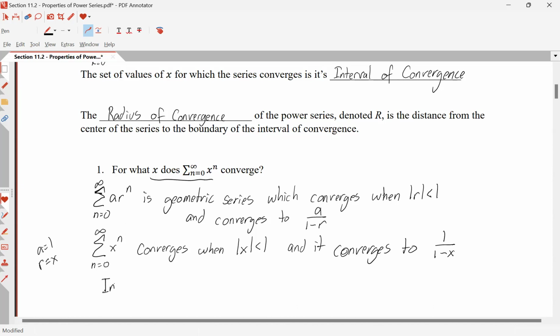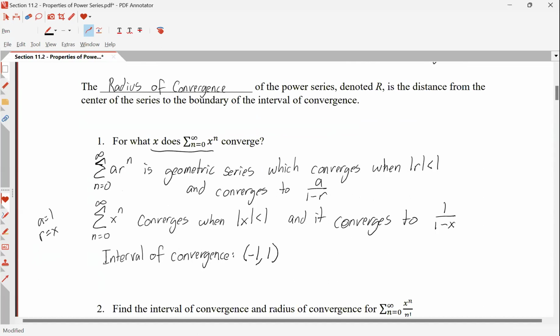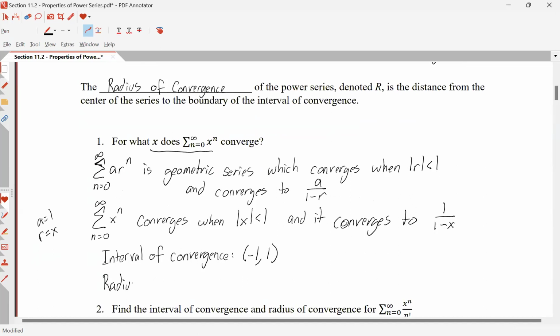So the interval of convergence is the set of x values where the series converges. Those are the values where the absolute value of x is less than 1, meaning it's the interval from -1 to 1. The radius of convergence is the distance from the center to the boundary.